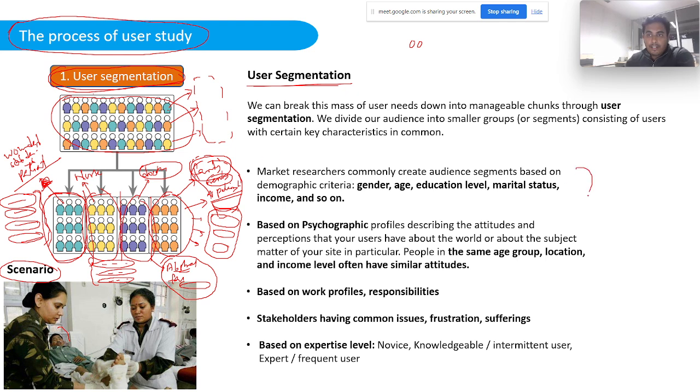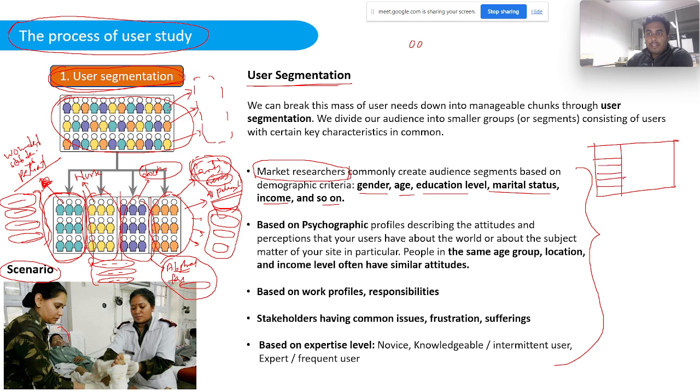There are different criteria we may set for segmenting a stakeholder group. Mostly market researchers segment user groups based on gender, age, educational level, marital status, income, and so on. Often you may have come across phone calls from credit card companies, and they call you based on the information they have in their databases.